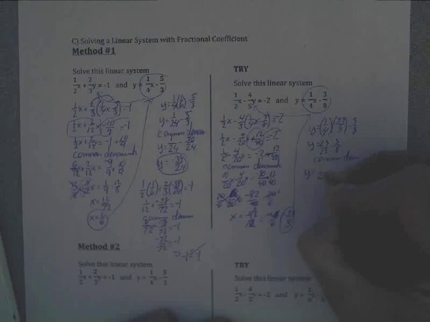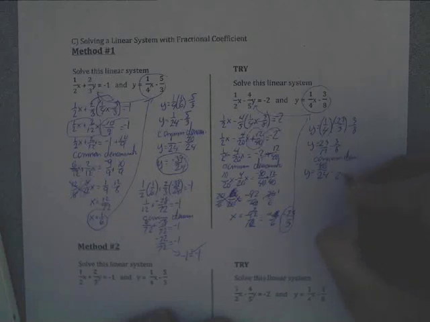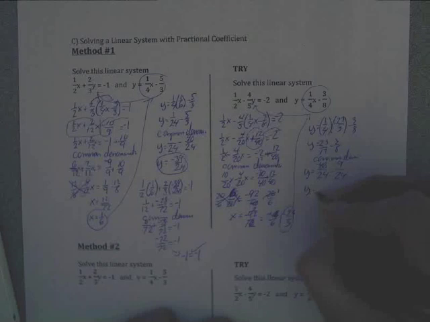So 2 times 12 is 24, so 23 times 2, here that should be negative, is negative 46. 3 times 8 is 24, so 3 times 3 is 9. So y is equal to negative 46 minus 9, which is negative 55 over 24.